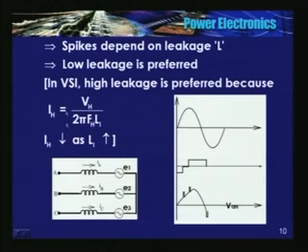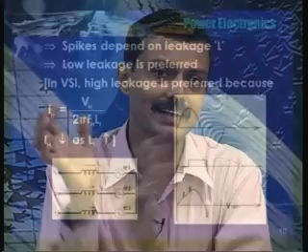So IH decreases as L1 increases for a given harmonic voltage. Therefore, higher leakage is desirable if the machine is being fed from a voltage source inverter, and in case it is being fed from a current source inverter, a low leakage machine is desirable. Is that okay?